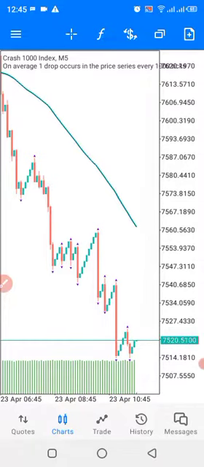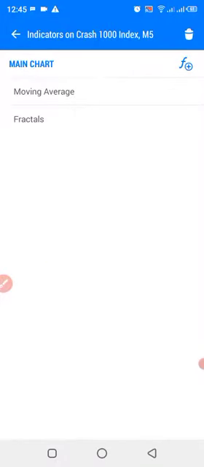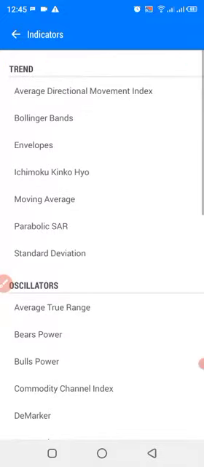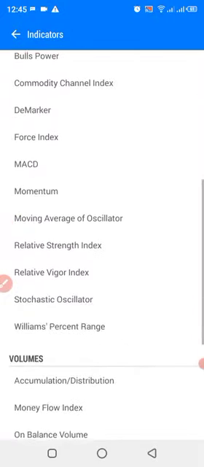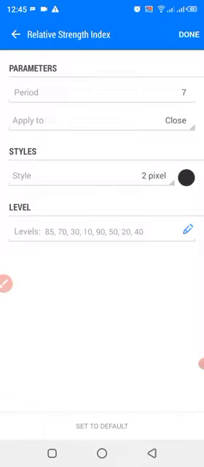Now, what is next? We set up indicator window 1. We go to the RSI: click the function key and look for the relative strength index. The period is 7, apply to close.